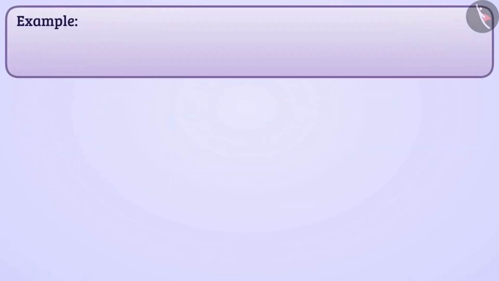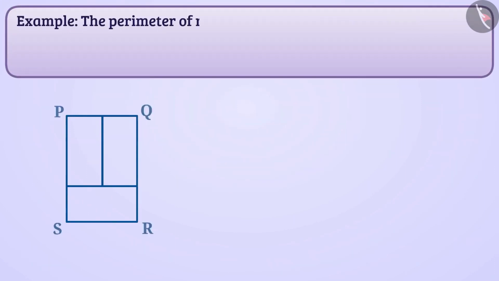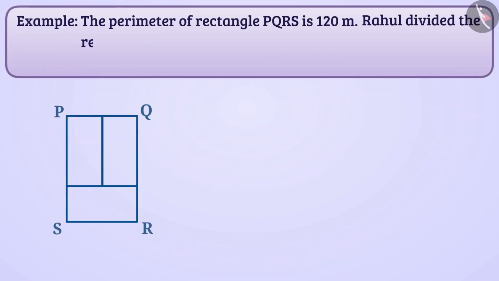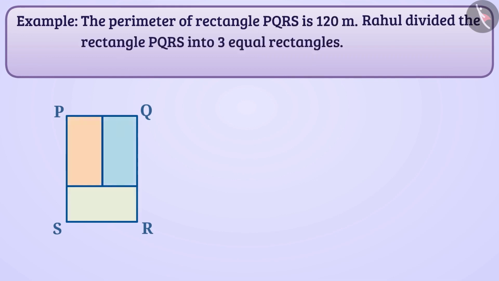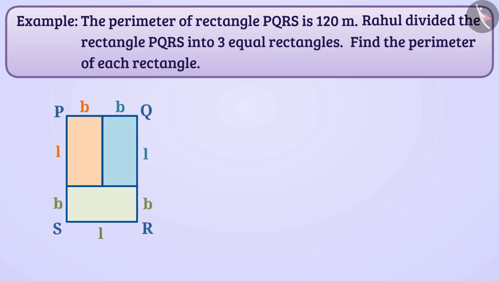Next example, the perimeter of rectangle PQRS is 120 meter. Rahul divided the rectangle PQRS into 3 equal rectangles. Find the perimeter of each rectangle. Rectangle PQRS is divided into 3 rectangles of equal measurements. That is, the length and width of each rectangle are equal.